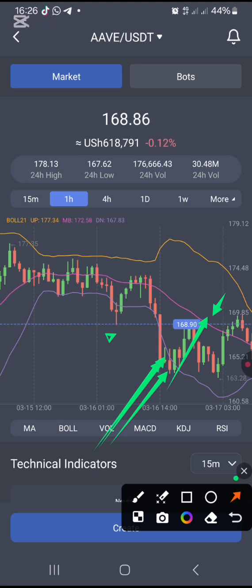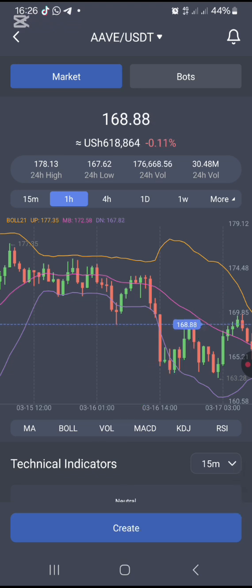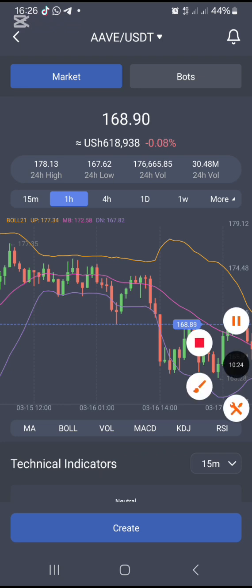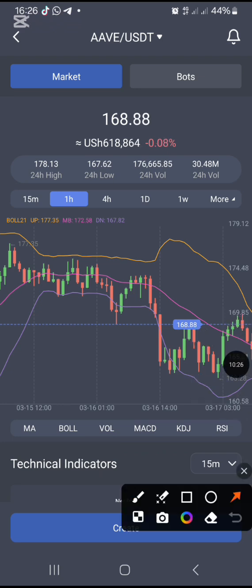With screen time and practice, you will find that whenever the market approaches the lower band and a free bar is forming, this free bar will act as confirmation that the market will reverse to the upside.